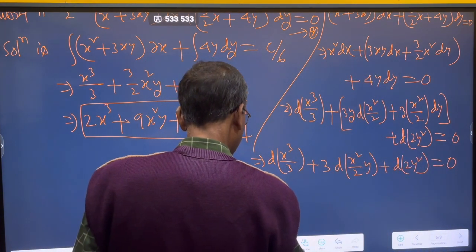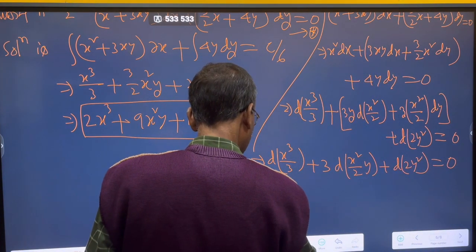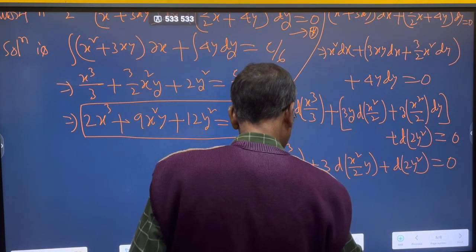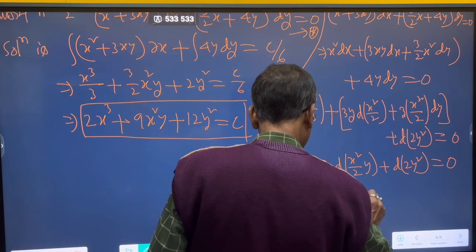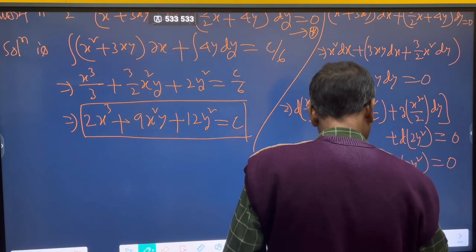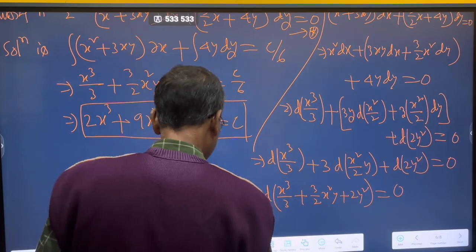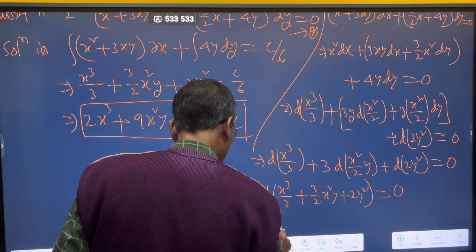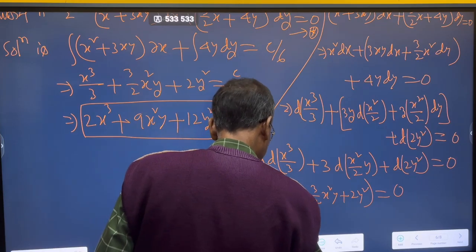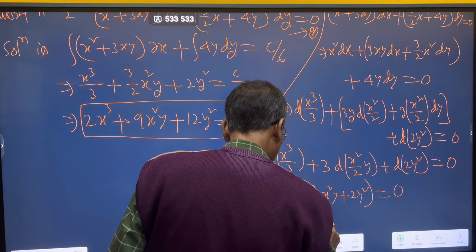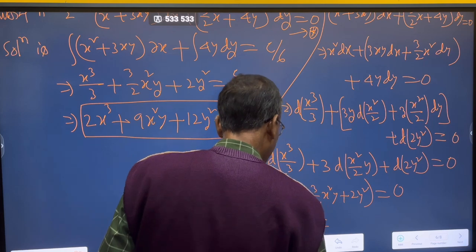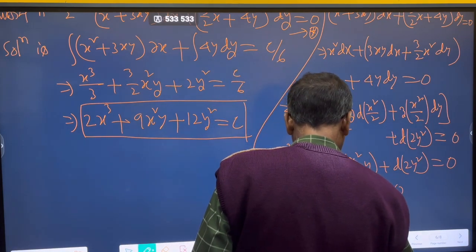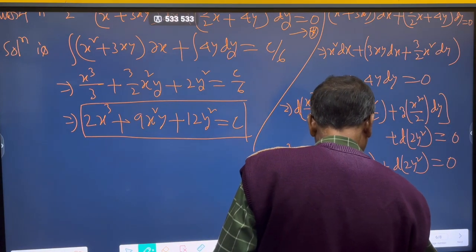Or you may write d of x cube by 3 plus 3 by 2 x square y plus twice y square equal to 0. Integrating, you will get x cube by 3 plus 3 by 2 x square y plus twice y square equal to c by 6.